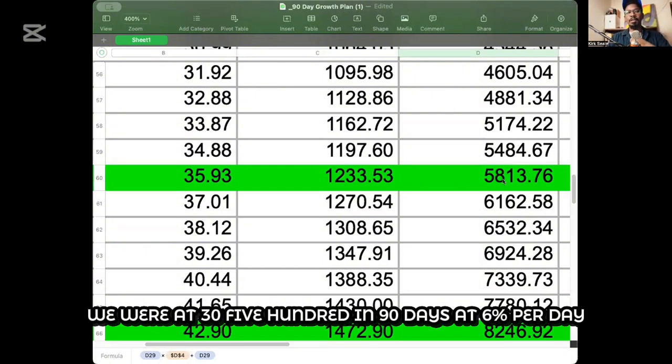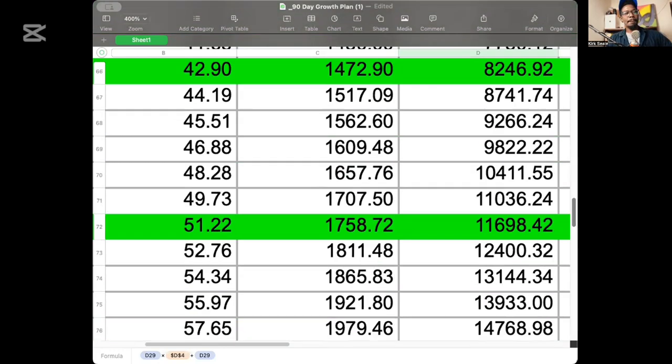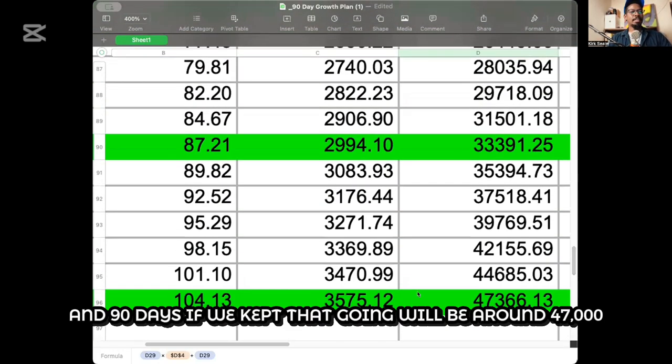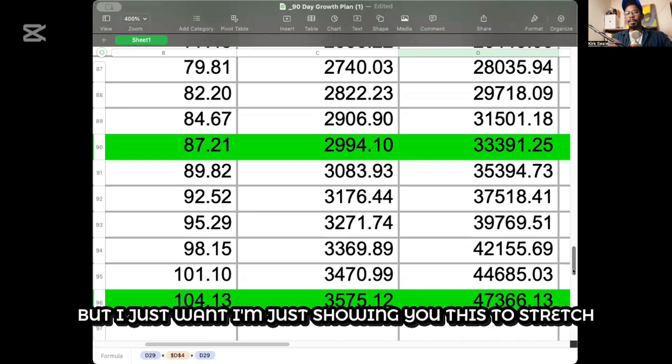At 6% per day, we're now looking at 5,800. And at 90 days, if we kept that going, we'll be around 47,000.